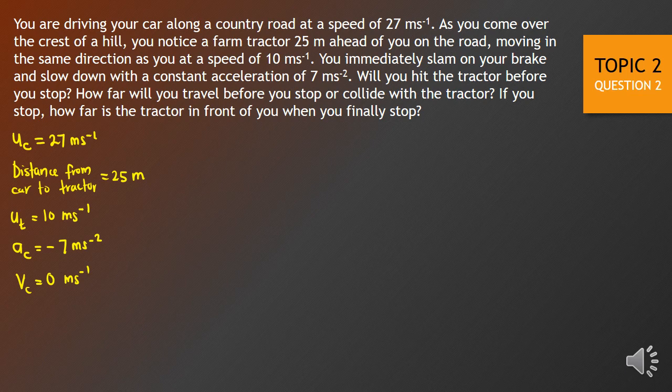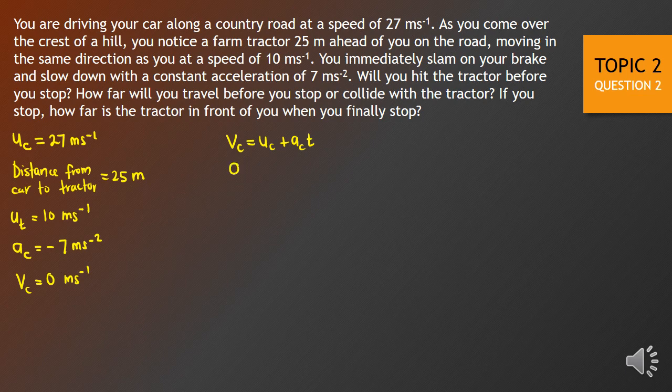Okay. So the first thing that we can do is find the time taken for the car to finally stop. So we have the acceleration of the car, we have the initial and final velocity of the car. So again, we can use what? Final velocity of the car is equal to initial velocity of the car plus acceleration of the car times the time taken.